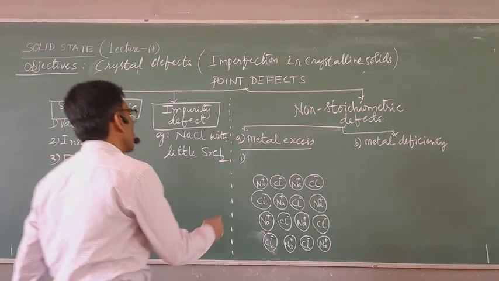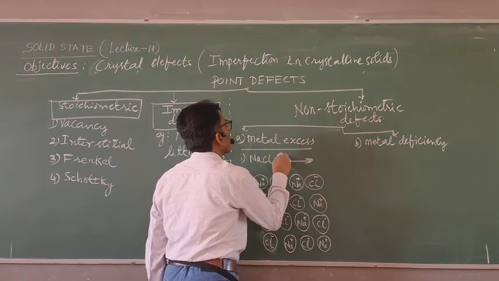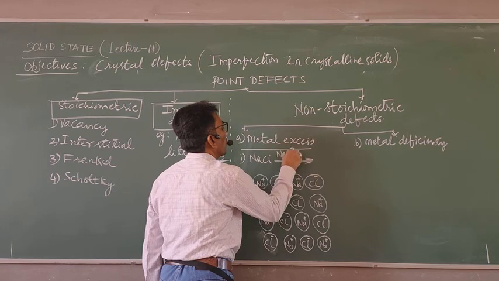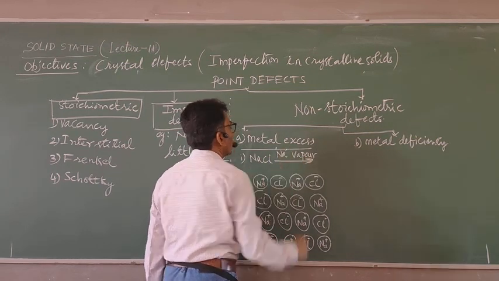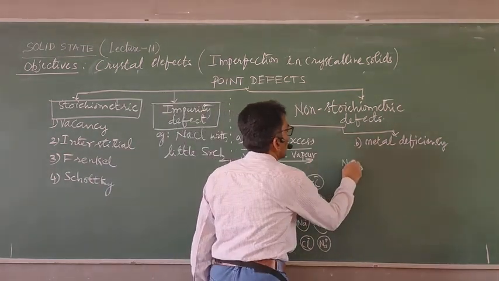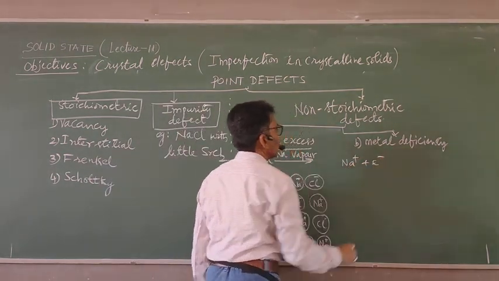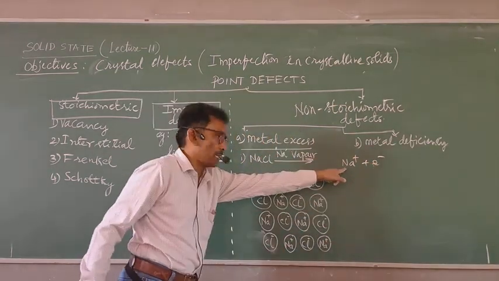This NaCl is heated with sodium vapor. What happened? Sodium, after vaporization, becomes Na plus and an electron. Yes, Na plus is an extra cation. See here, metal excess.